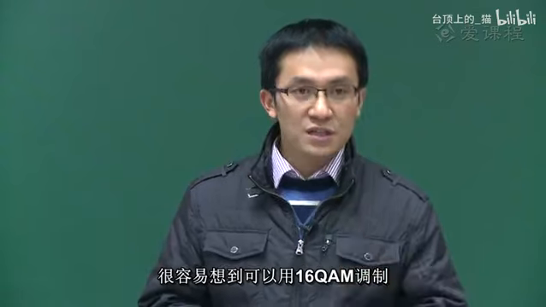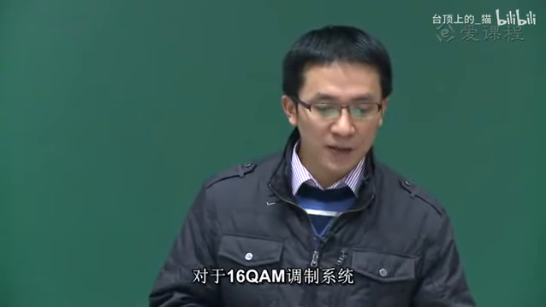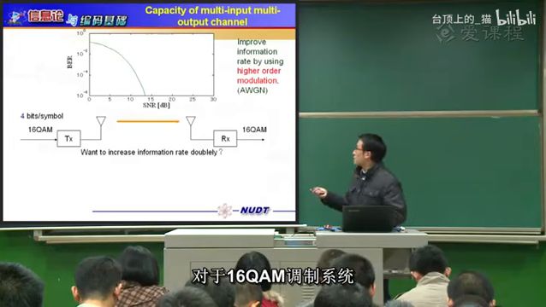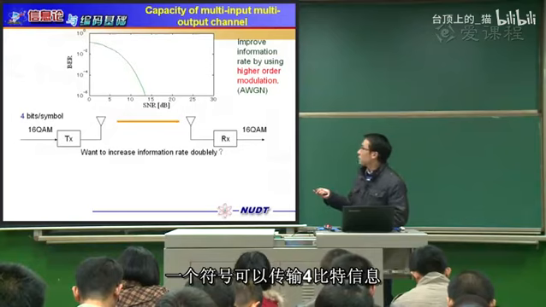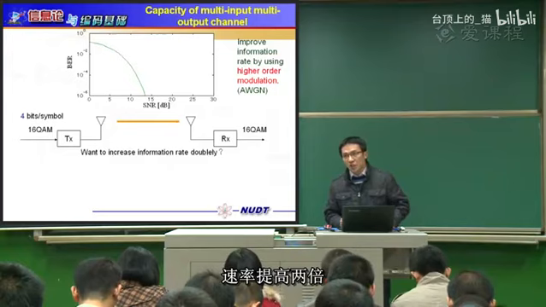It's easy to think that we can use 16-QAM modulation, okay? For 16-QAM modulation, each symbol can transmit 4 bits information. So the rate is double.